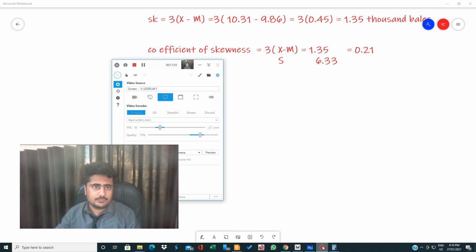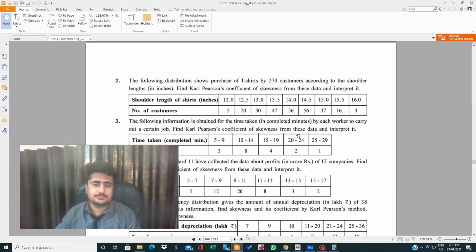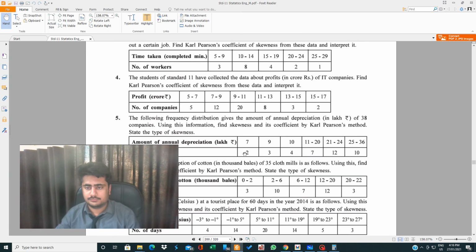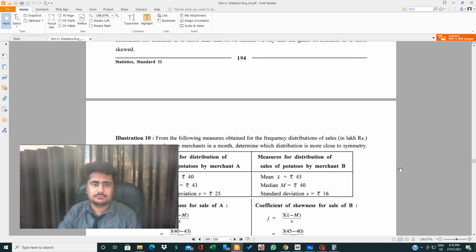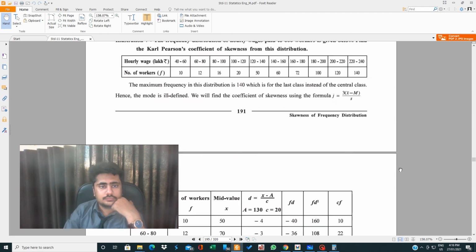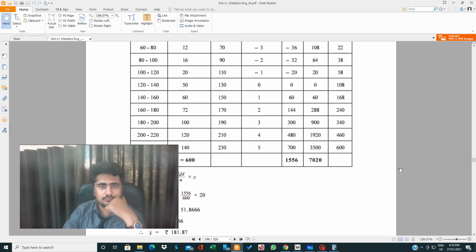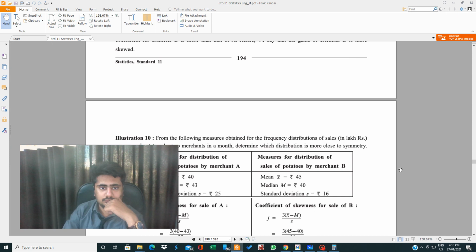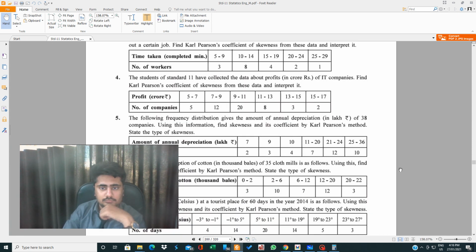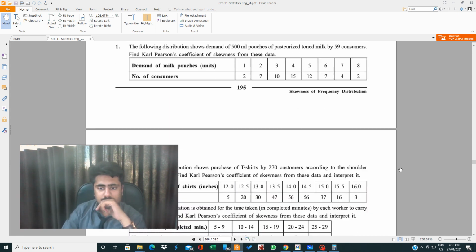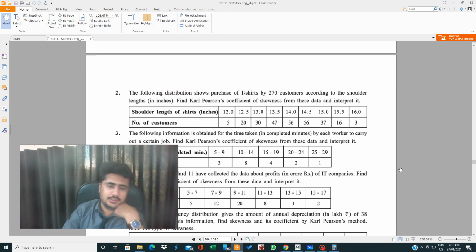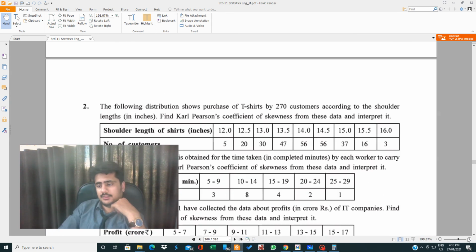And let us start with another one. We are doing 5.1, the second sum.